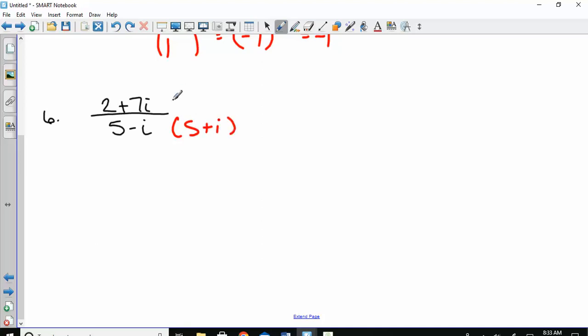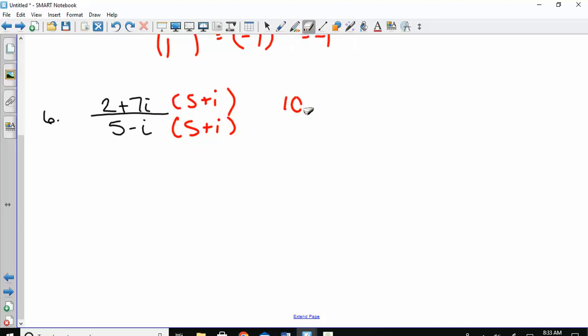Okay, so we're trying to get this in standard form, which means we can't have an i in the denominator. So we have to multiply by the conjugate. And then we're FOILing. I messed up. Y'all not gonna be able to see it until I'm done.